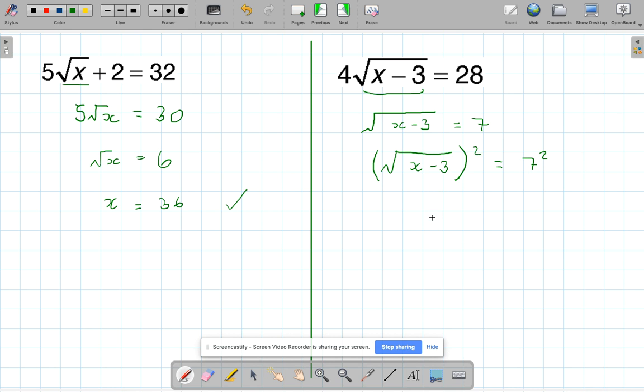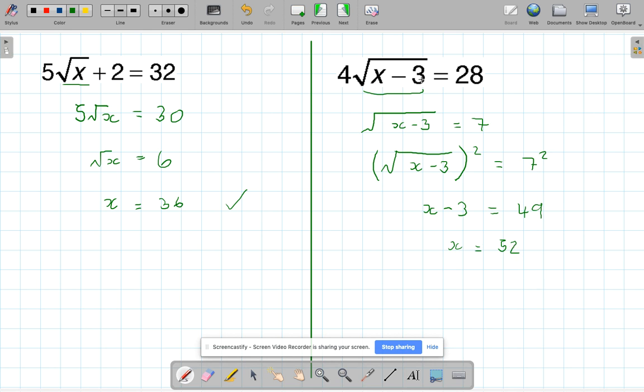Now, by squaring that, I knock out the square root sign, so I'm left with x minus 3. And 7 squared is 49. And now I can add the 3 onto both sides. So you've got to get rid of that square root sign before you do anything else when there's a number inside it.